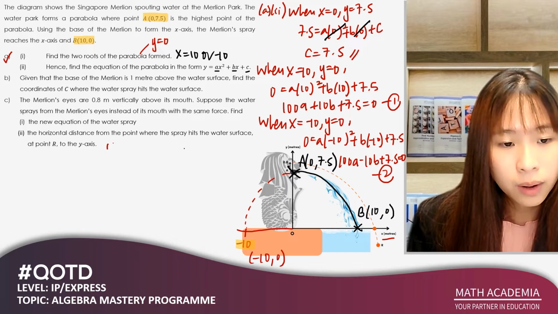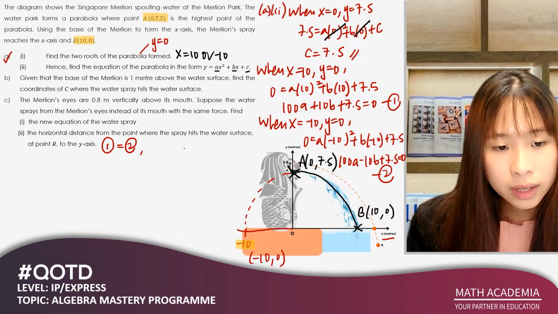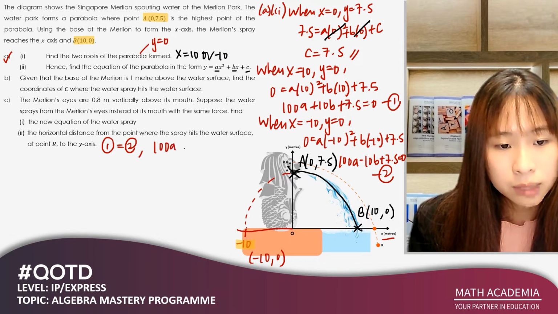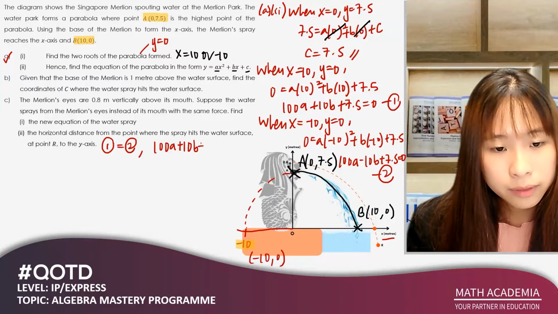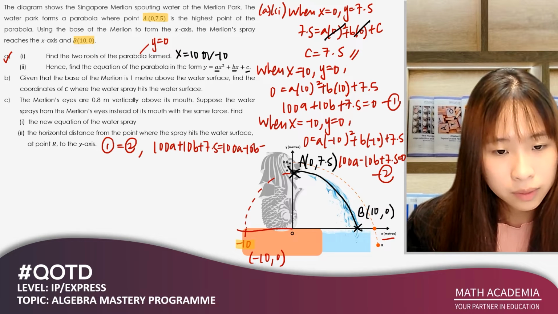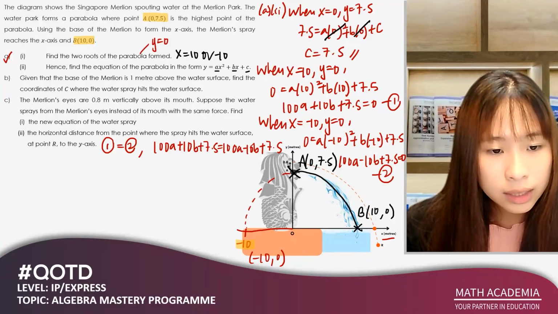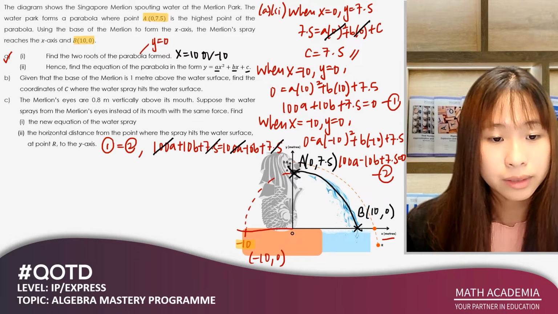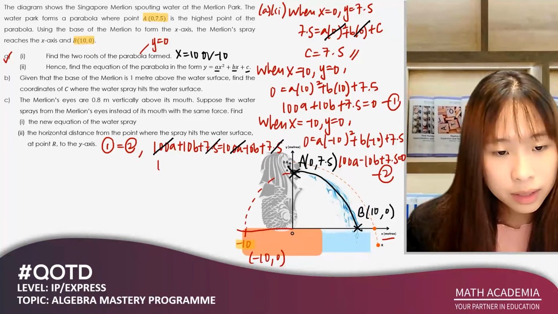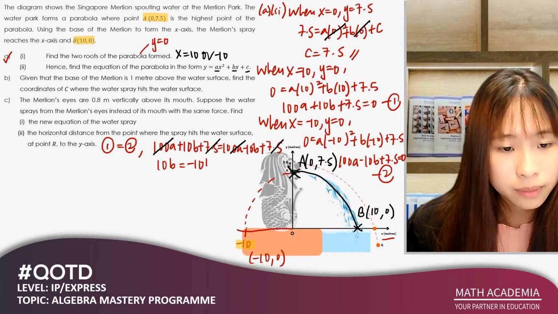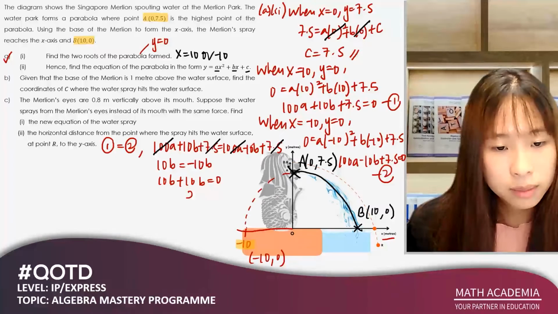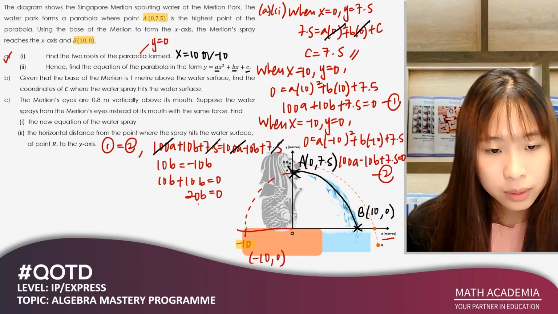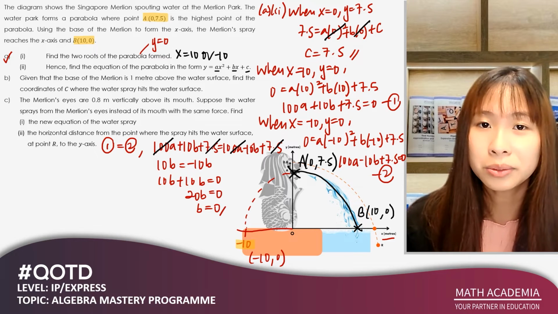Letting equation 1 equal equation 2, I get 100a plus 10b plus 7.5 equals 100a minus 10b plus 7.5. You realize that 100a can be cancelled on both sides, and 7.5 can also be cancelled on both sides. You will be left with 10b equals negative 10b. Bringing it over to the other side, I get 20b equals 0, b equals 0. And that's my second unknown.